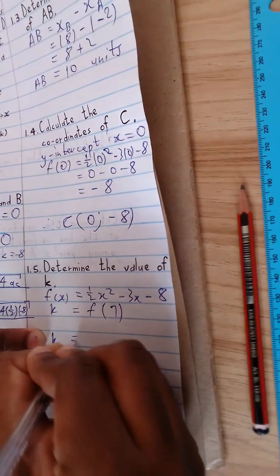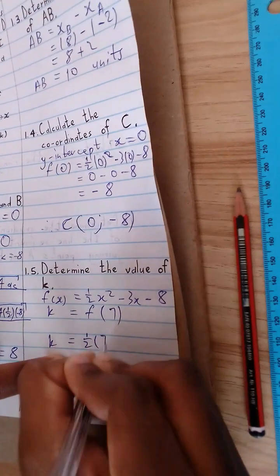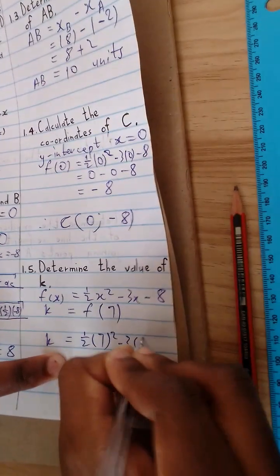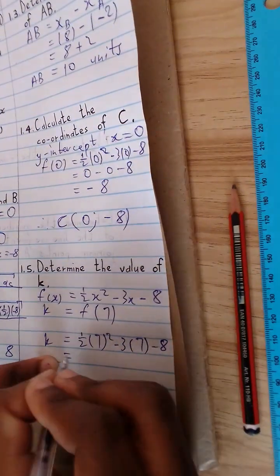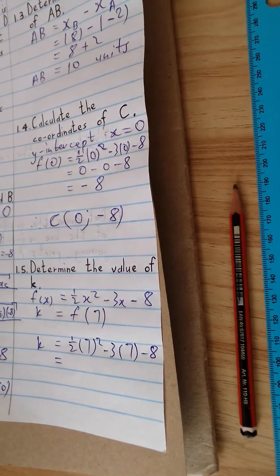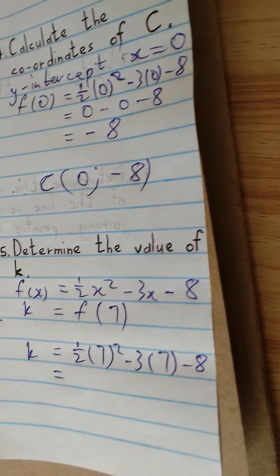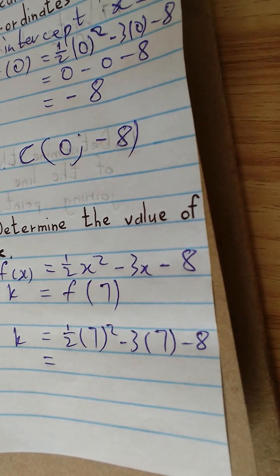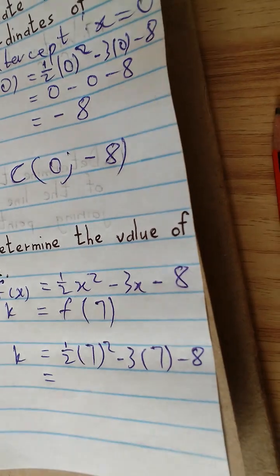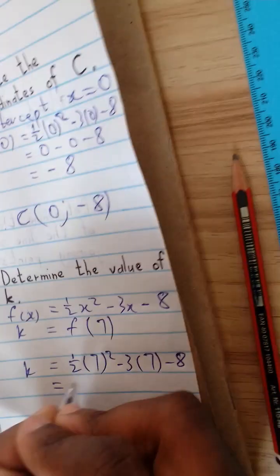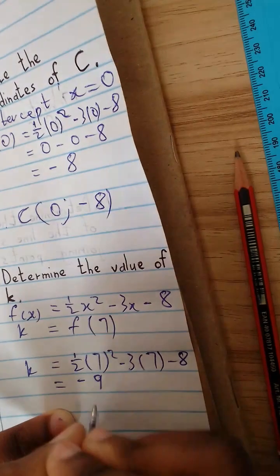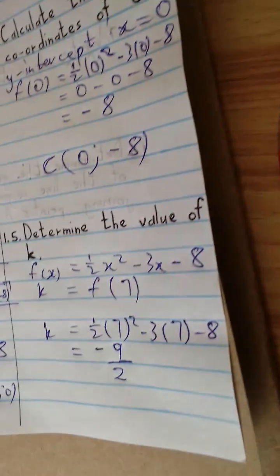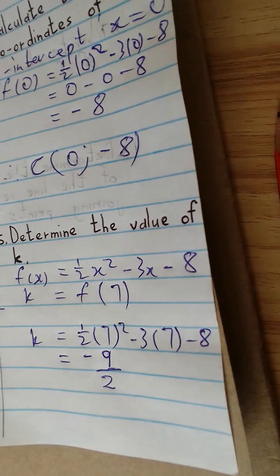So k is half times 7 squared minus 3 times 7 minus 8. So k is negative 9 over 2. Makes sense because it's even below the x-axis.